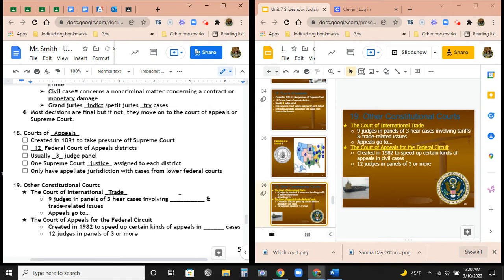Tariffs are import taxes. And this is really, again, for civil cases where there's monetary damages or a right at stake.